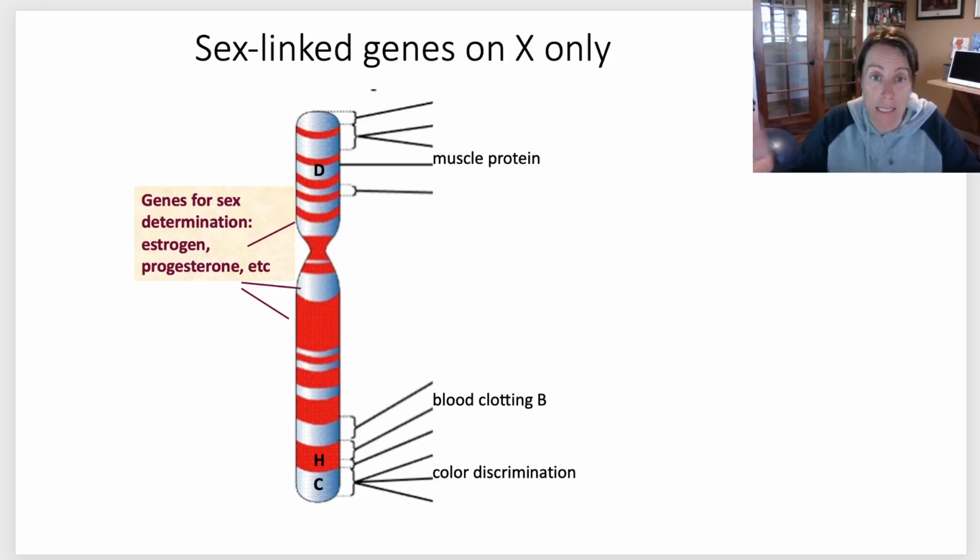Everybody has the muscular dystrophy gene. Hopefully, we all have it functioning correctly. That gene helps our cells make proteins that go in our muscles that allow our muscles to contract properly. If it's messed up, then your muscles don't contract properly.